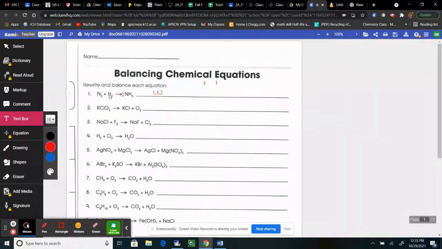Well, we want both sides to match. So product side or right side has 6. Left side or our reactant side only has 2. So we can increase and add our molecules together to get a total of 3. Or we can think of this mathematically and say, what times 2 will give me 6?